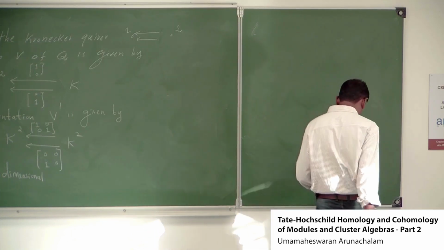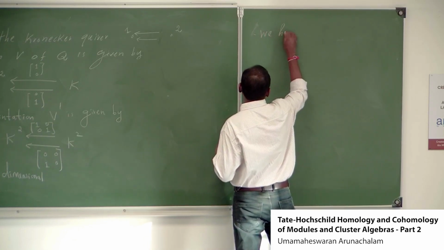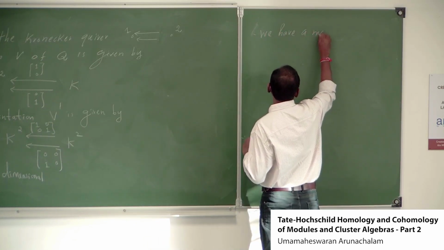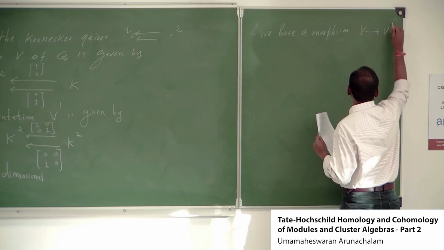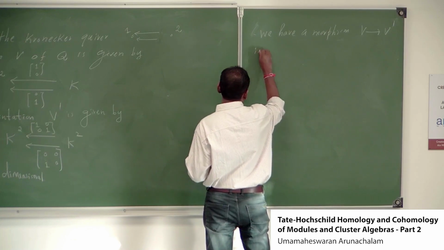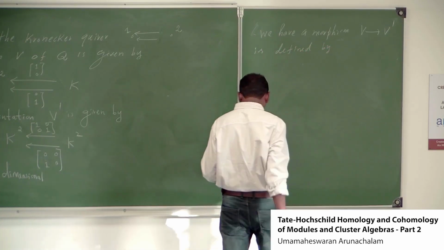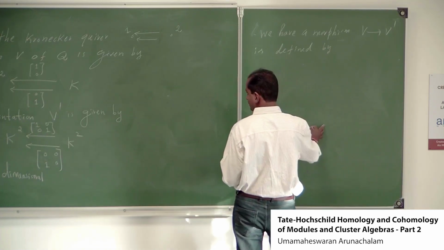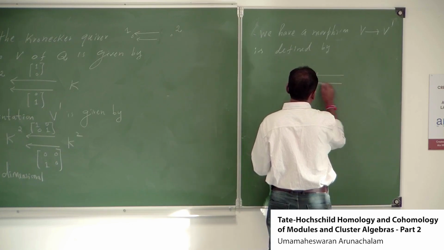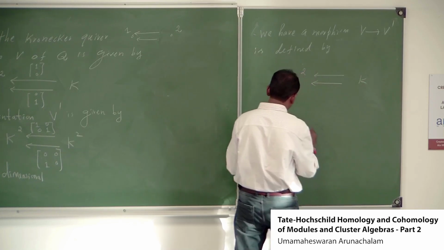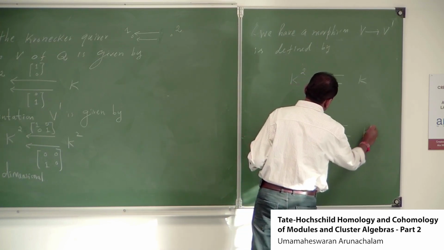Both are finite dimensional. We have a morphism V to V dash defined by: here it is k, here k square into k square.